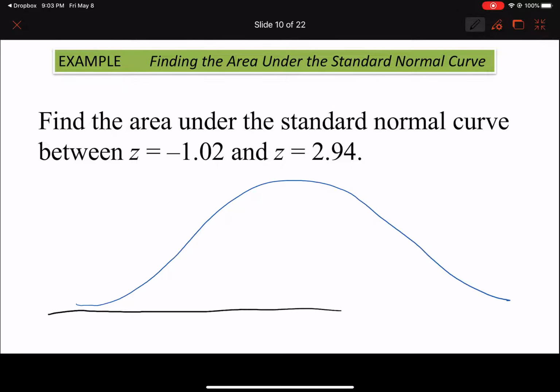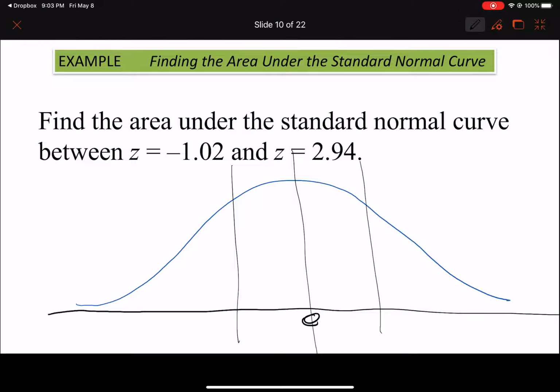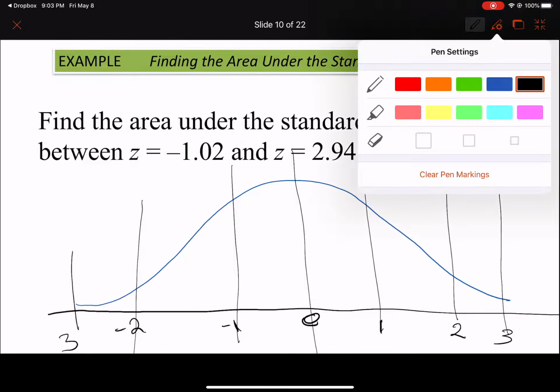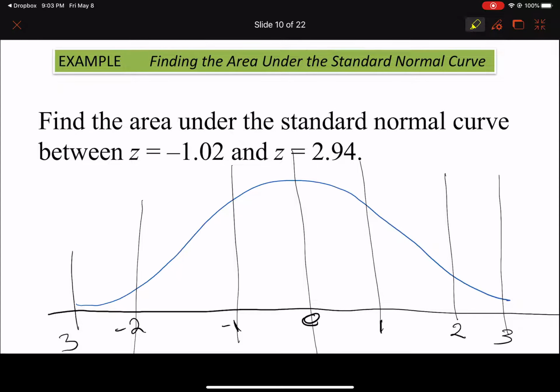Okay. I know that since I'm using z-scores, my mean is 0. Here's one standard deviation. This is negative 1. This is 1. This is 2. Negative 2. And I need to go to 3. This is really ugly, but there's 3. Okay. So let's start with, I need it between these two values.